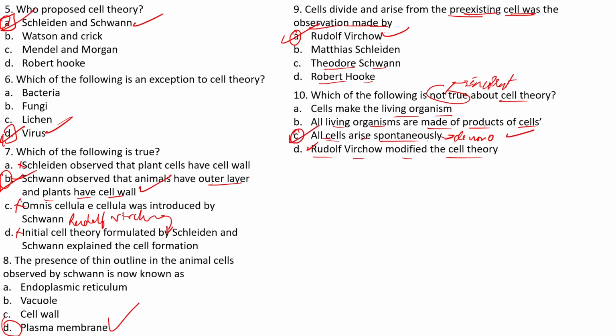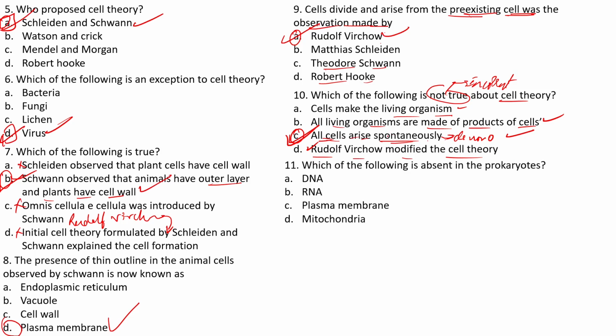The B statement, all living organisms are made up of products of cells, is exactly a true statement. And cells make the living organism is also a true statement. But the false or incorrect statement is option C, all cells arise spontaneously. That is the wrong statement. Hence C is our answer.